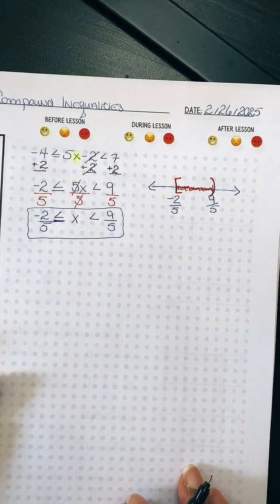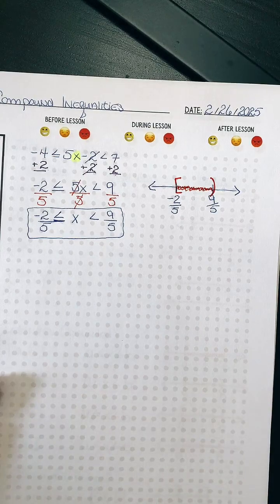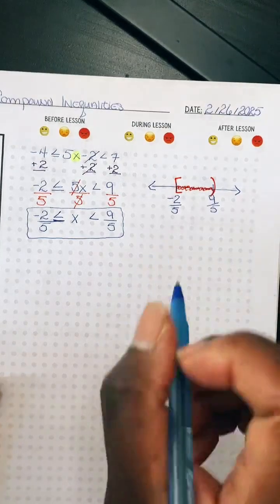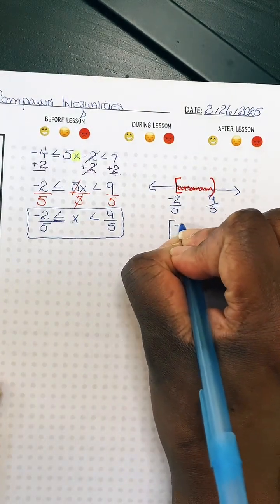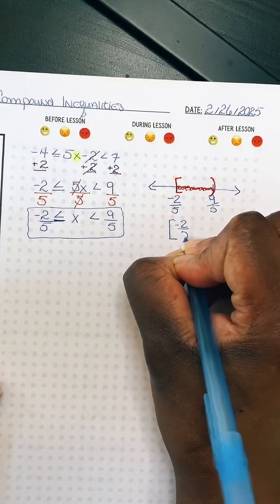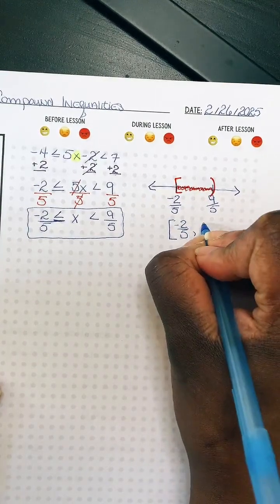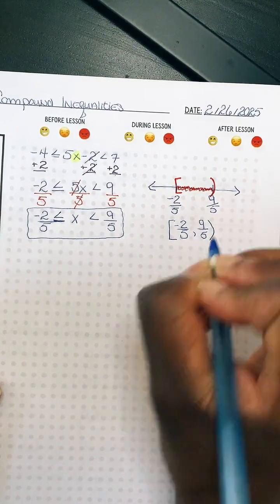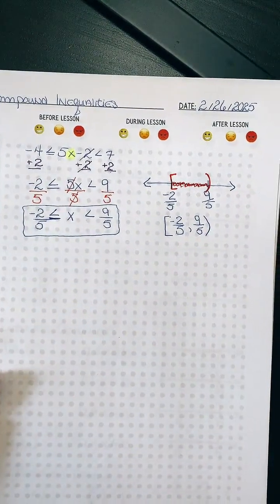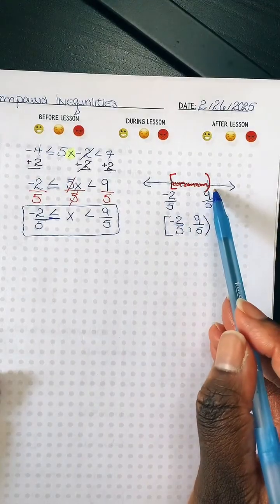Okay. Can you do it in 2 parts too? Yes, you can. You can split it up if you want to. So if I need it in interval notation, remember it's bounded at negative 2/5, but it's unbounded at 9/5. Okay, so this is what it would look like as a graph.